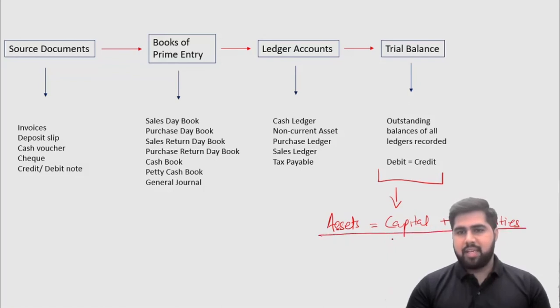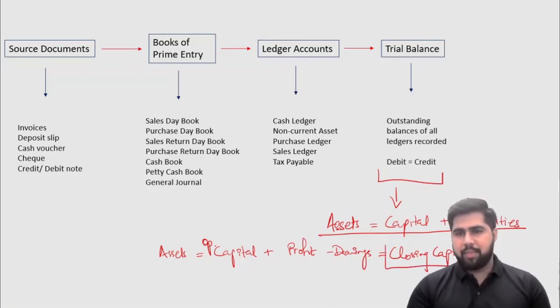And if I further bifurcate this, so let me call it opening capital plus profit for the year minus, this is just a proprietor's account, I'm not talking about companies over here right now, is equals to closing capital, right? And with this closing capital, you add your liabilities to balance the equation, right?